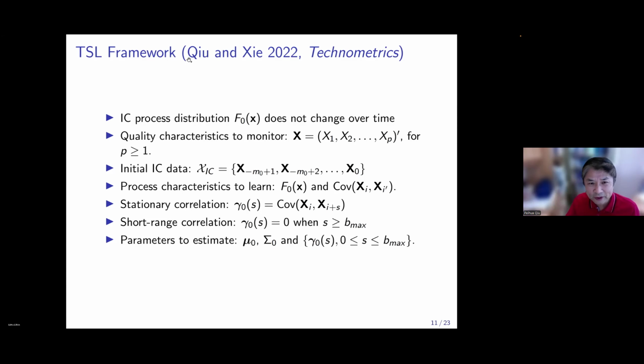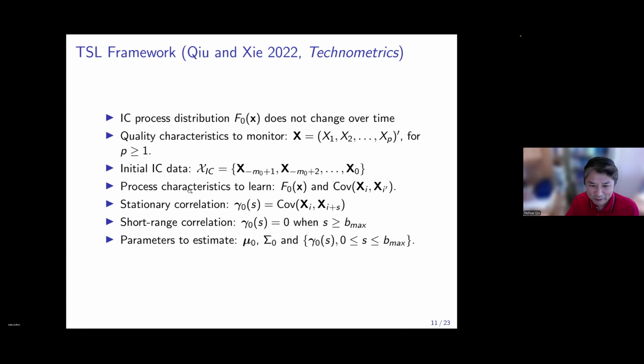In this first paper, we assume that the correlation is stationary. Stationary means the covariance only depends on s, not on i. If two observations are s units away in observation times, then their correlation is gamma 0(s), which only depends on s, okay? That's a stationary correlation.